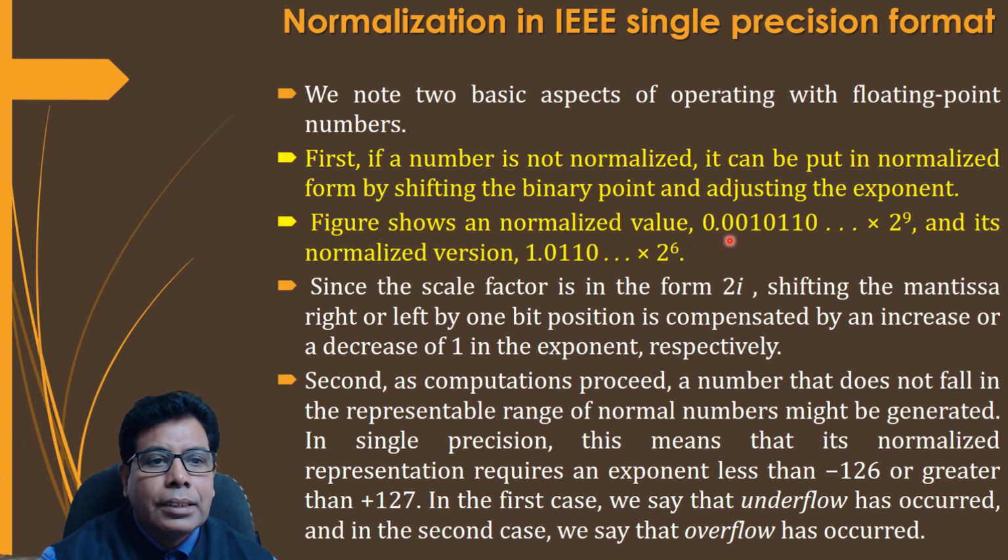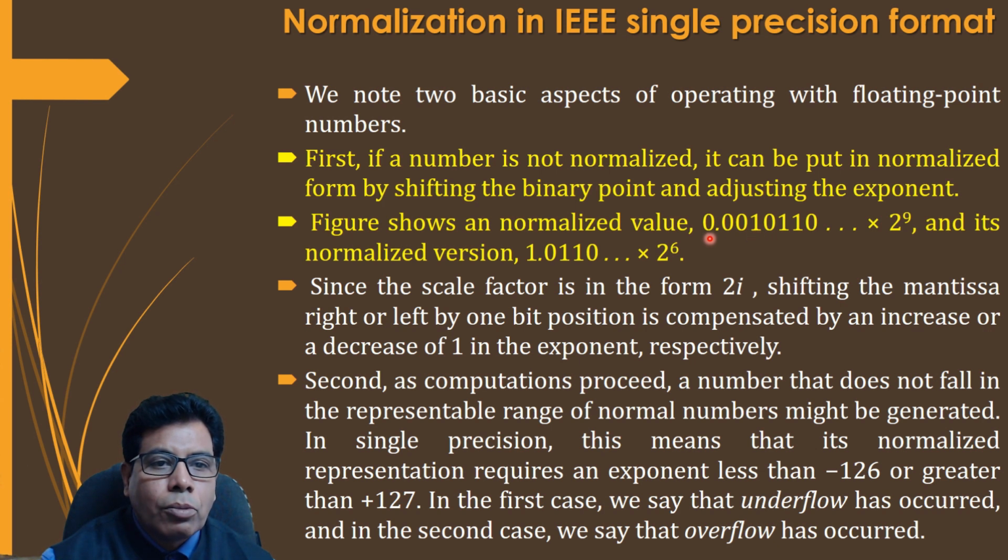So here this is the number 0.0010110 multiplied by 2 raised to 9. Now here we have some more bits; we are assuming that they are there. The binary point is not at the proper place, it is not normalized.